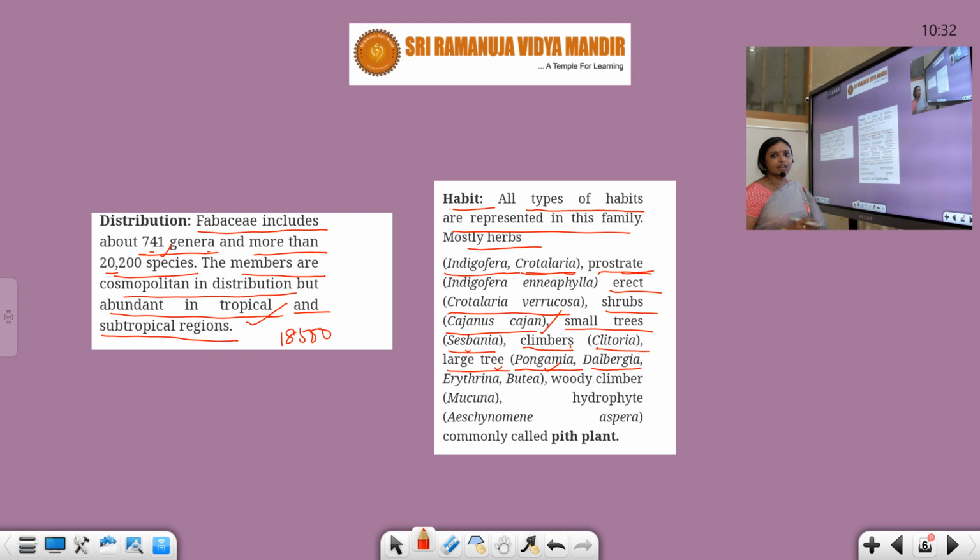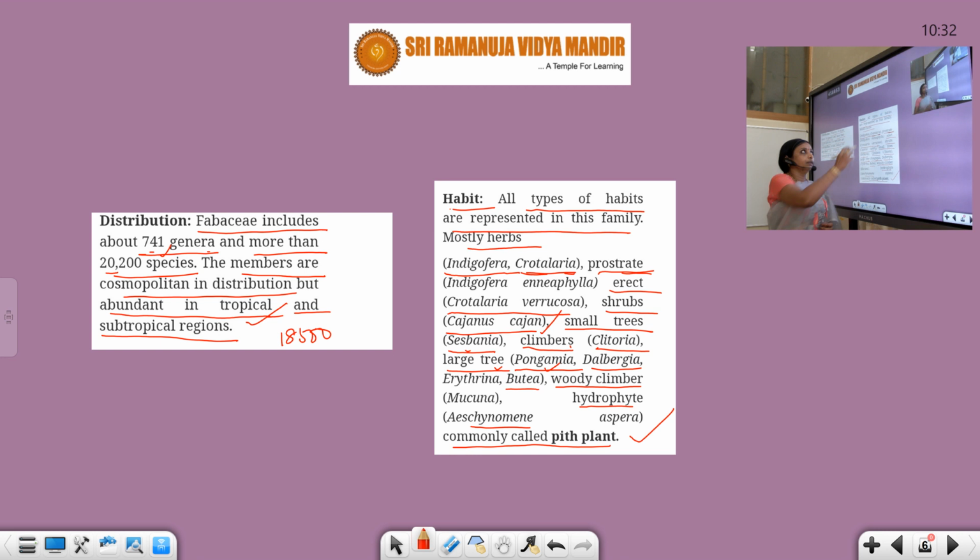Shrubs are there, trees are there, large trees and small trees, and some climbers and twiners, and Butea monosperma, a woody climber. Some are hydrophytes, and Aeschynomene aspera is called the pith plant. So this family has all varieties of habit. Different types of plants we have seen here.